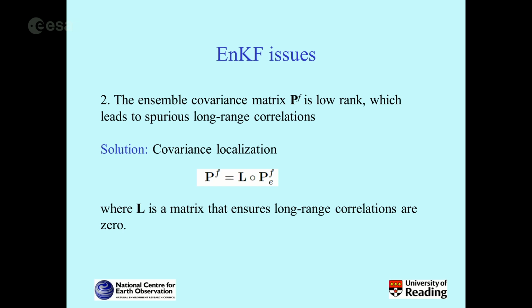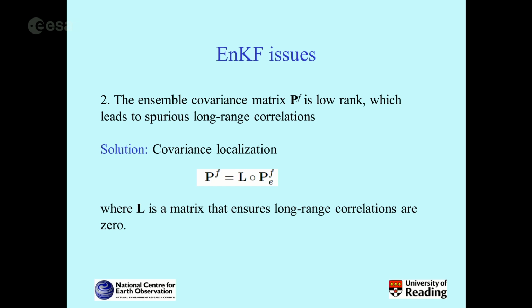In that case, we do something called covariance localization, where we take our estimated matrix and use what's called a Schur product, so an element by element matrix multiplication, not your standard matrix multiplication, just multiplying element by element. Essentially we have 1s where we believe the correlations to be true, 0s where we believe they're not, and maybe some kind of tail off.